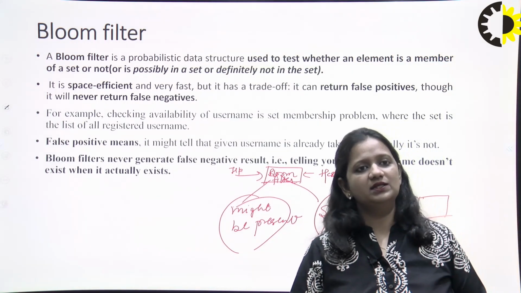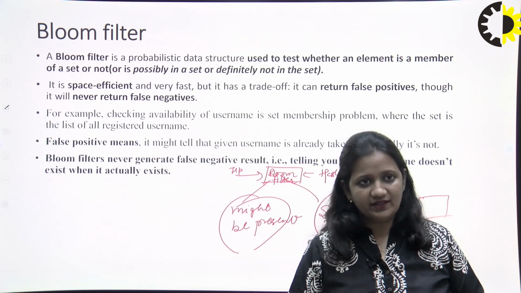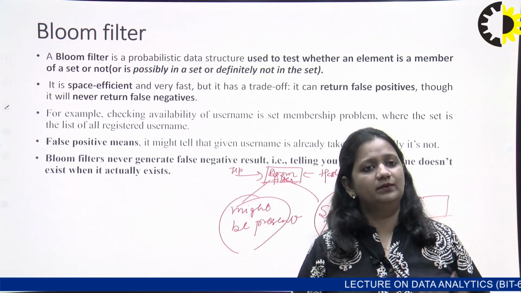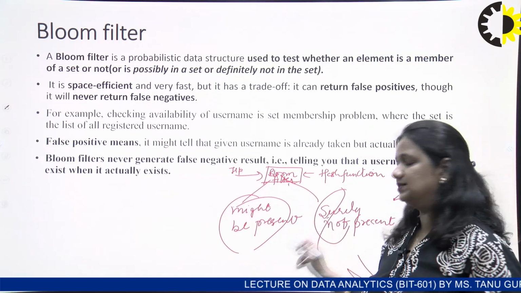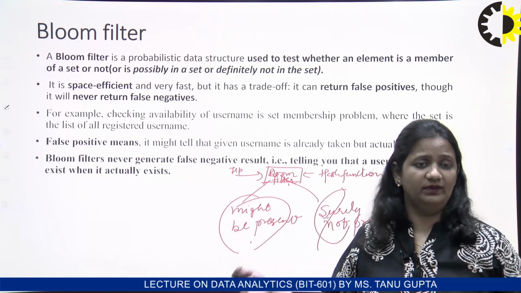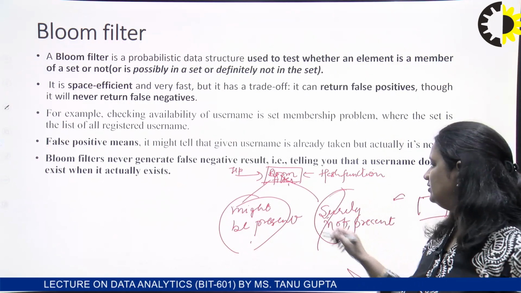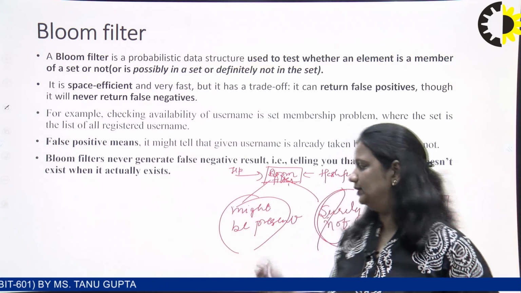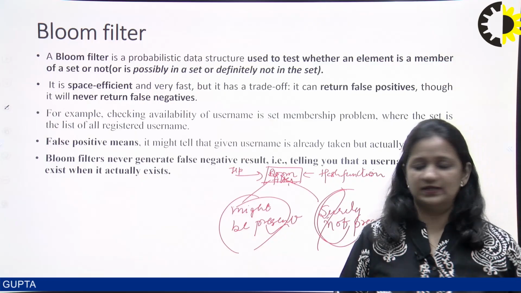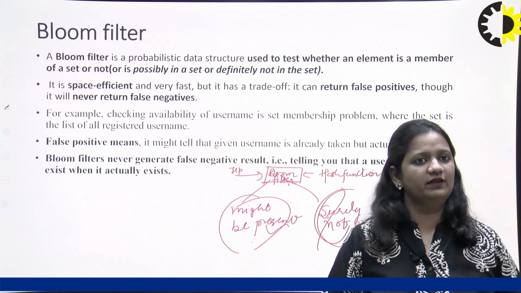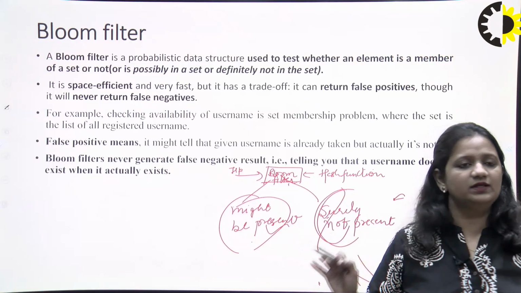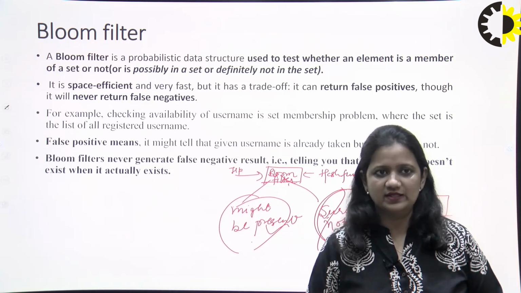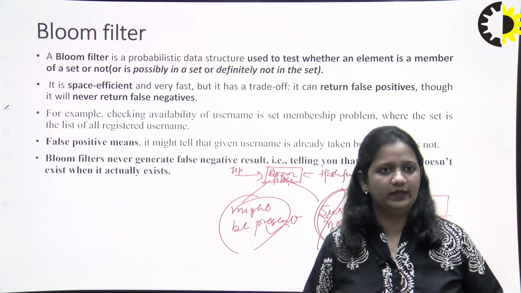So this is the main concept of the Bloom filter, used, as we discussed, in checking the availability of a username. There are only two answers we get from the Bloom filter: it might be present, and surely not present. With might be present, there may be a positive or negative point, but with surely not present, it assures you that this username or element is surely not present in the stream or the database.